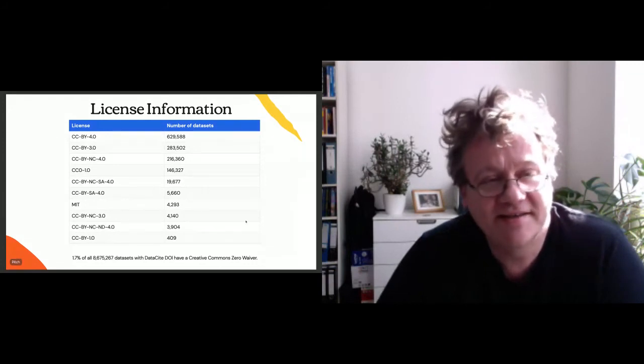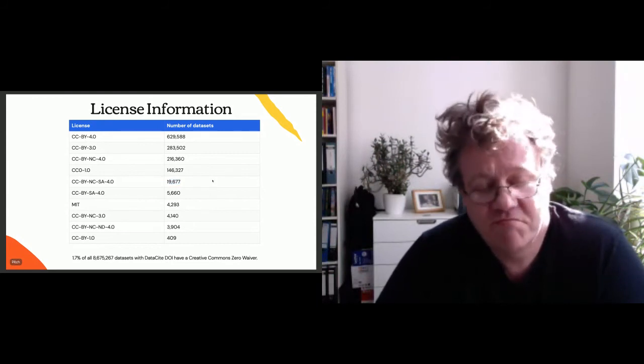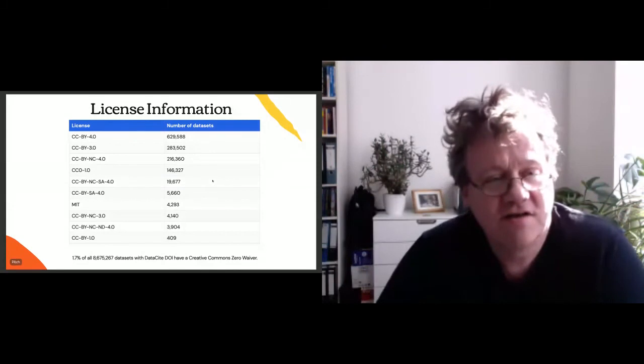And the last slide, I know there has also been an RDA group: what's the license information of the data sets we have? It's unfortunate that there are many, many data sets without clear license information. And even among those that use Creative Commons, CC0, which is what most people recommend, is not the most popular license.